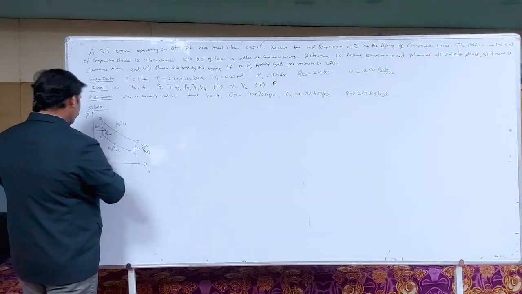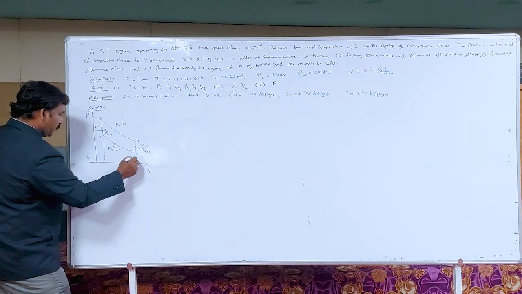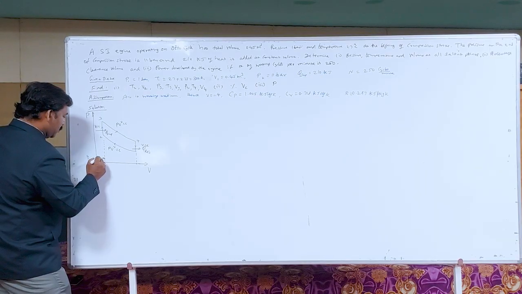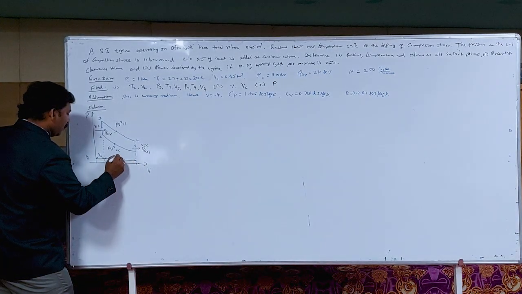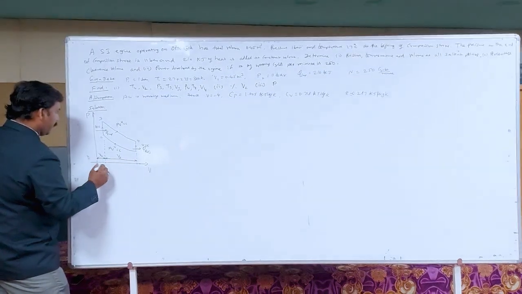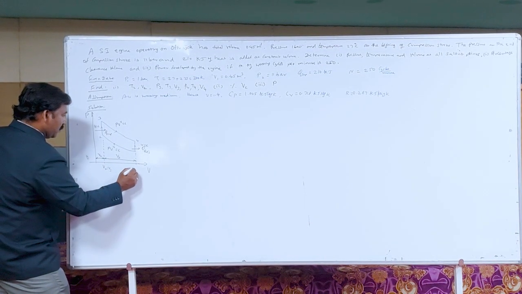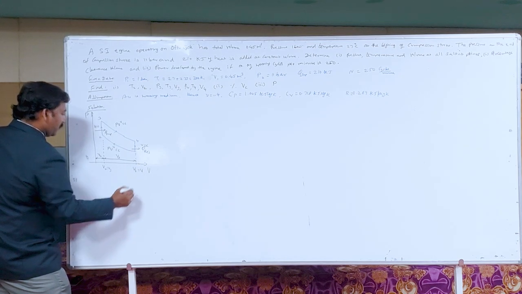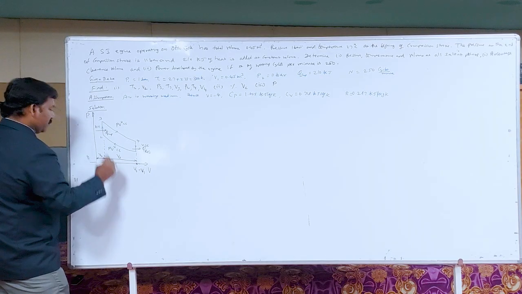So now we will mark out the clearance volume and swept volume here. So this is clearance volume and this one is a swept volume, and V2 is equal to V3 and V4 is equal to V1, this point and this point.